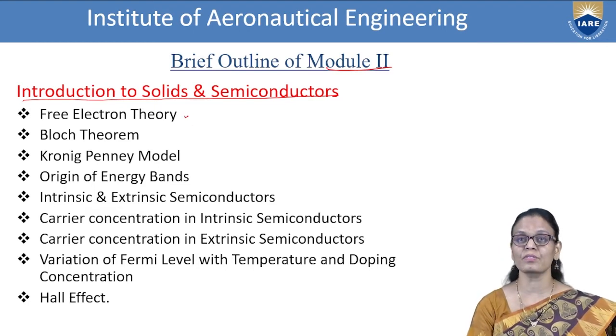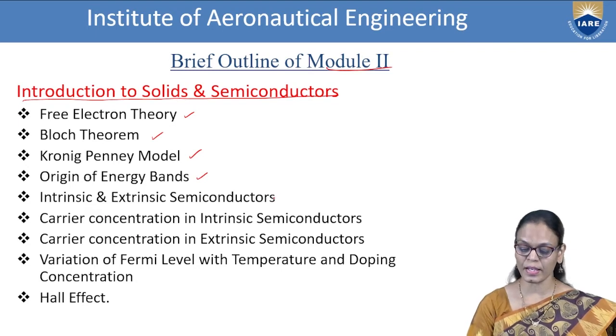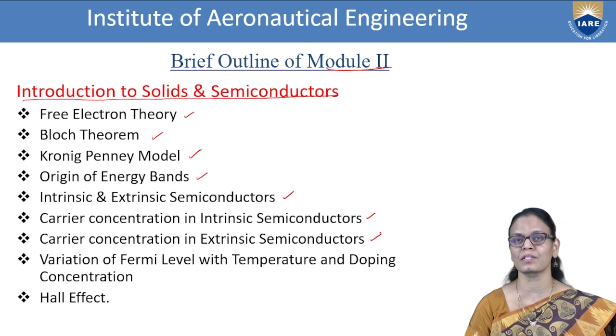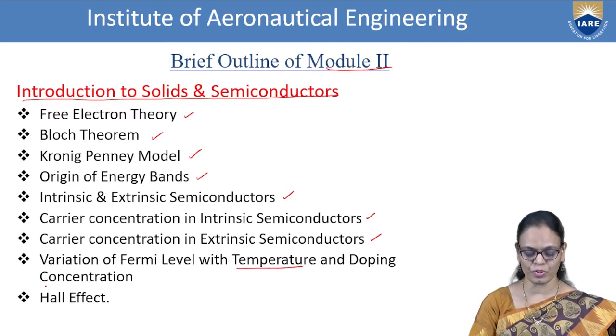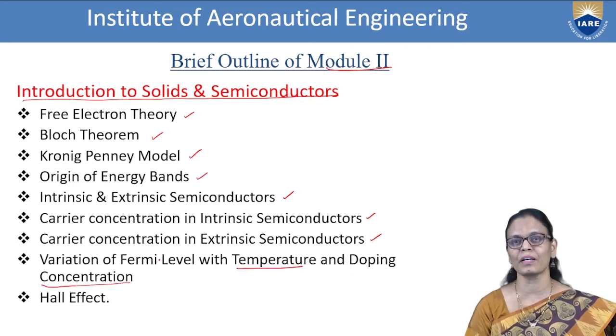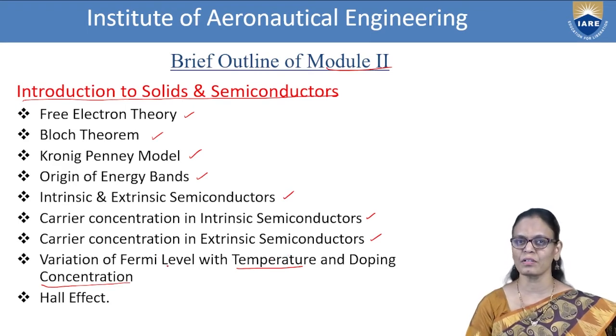We have free electron theory, Bloch theorem, Kronig-Penney model, origin of energy bands, intrinsic and extrinsic semiconductors, carrier concentration in intrinsic semiconductors, carrier concentration in extrinsic semiconductors, and then the variation of Fermi level with temperature and with doping concentration, meaning how the Fermi level varies if the temperature varies and if the doping concentration varies.